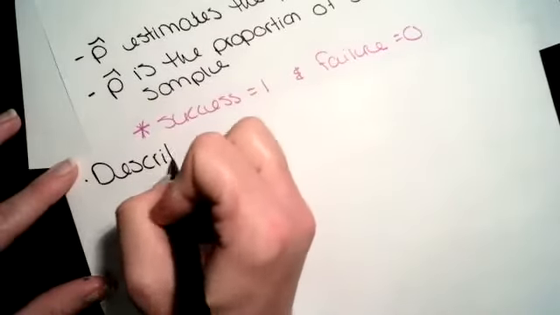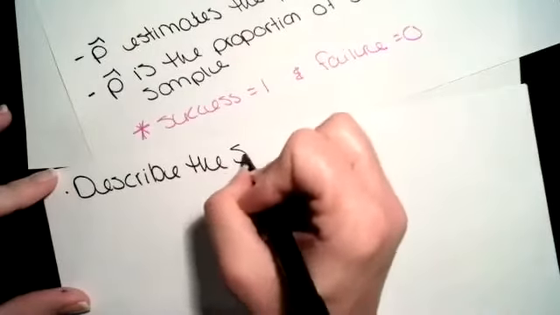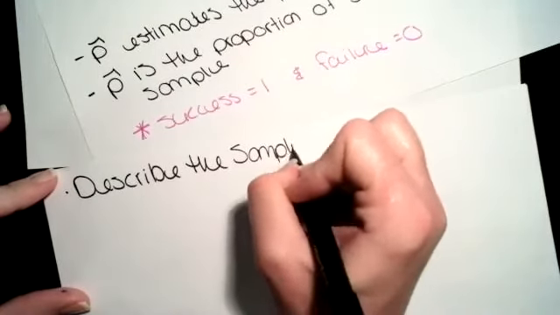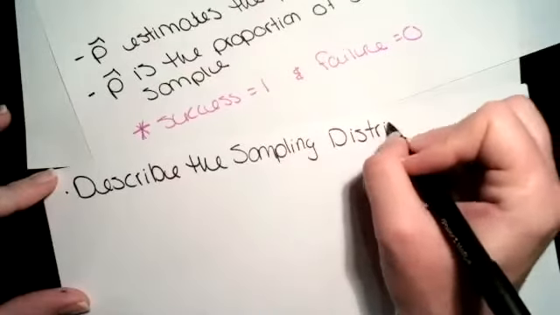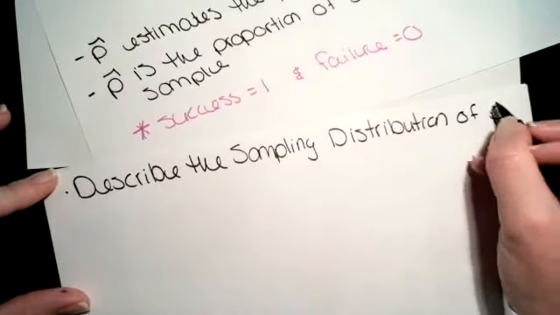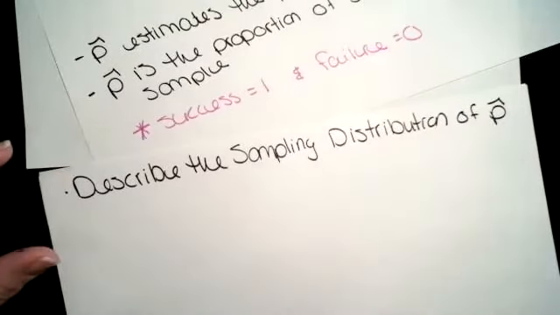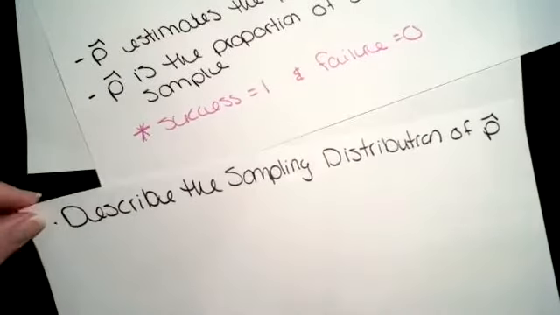I'm describing the sampling distribution, and I'm going to shorten it to just p hat. So I'm going to describe the sampling distribution of my sample proportion, which is p hat.